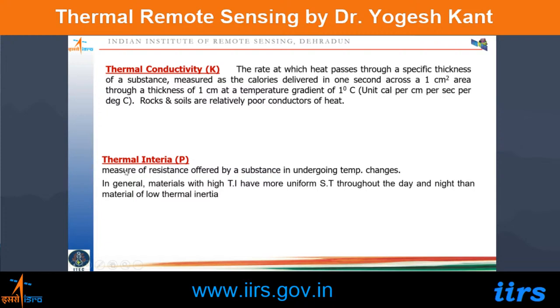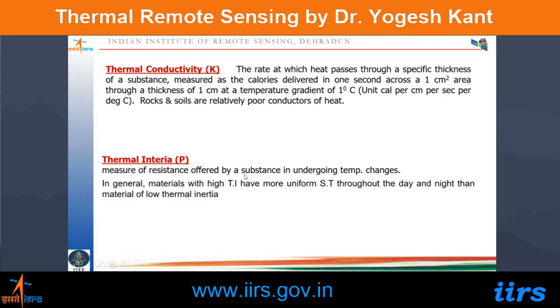This thermal inertia depends on the thermal conductivity, that is, the rate at which heat passes through the thickness. Thermal conductivity also depends on the heat capacity and on the density of the material. Then the question arises: why do we need to understand all these?